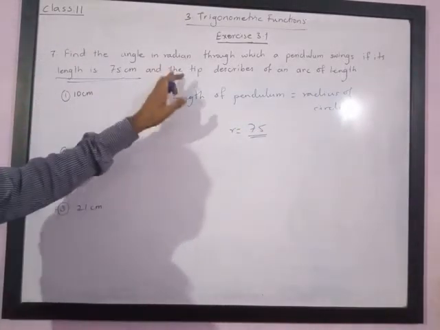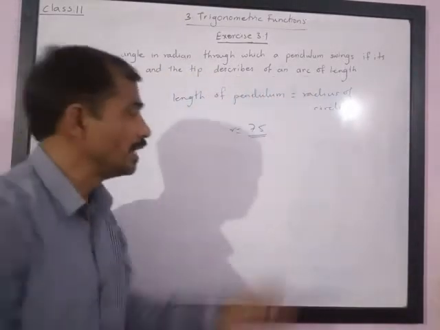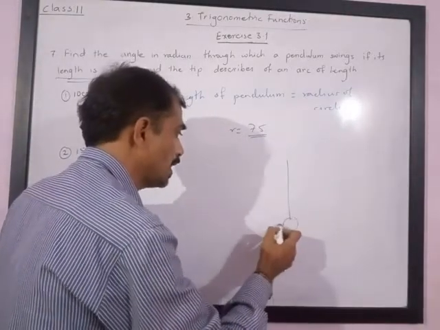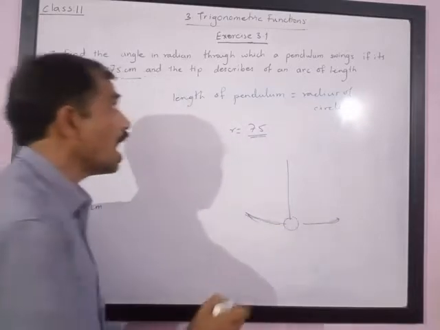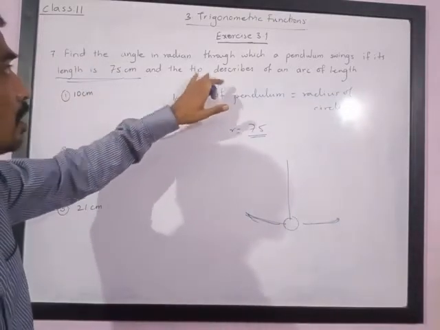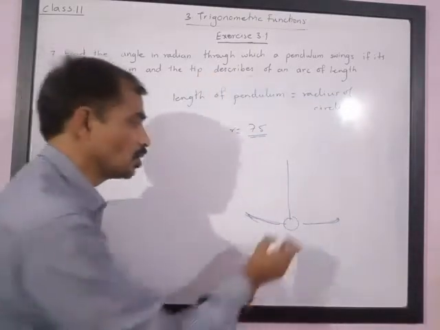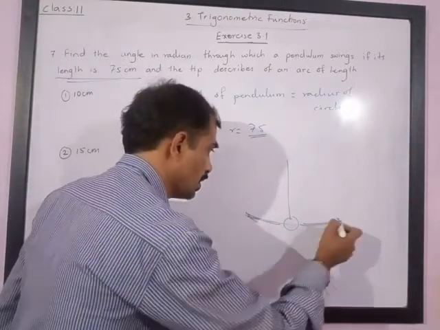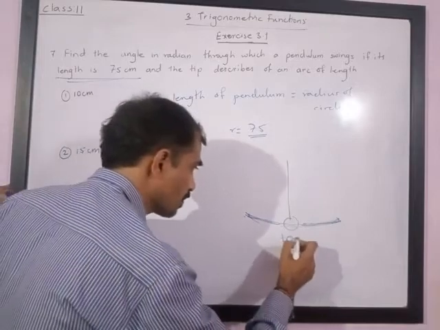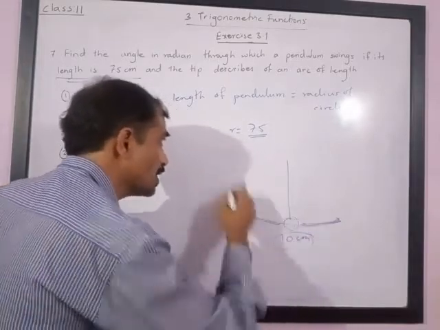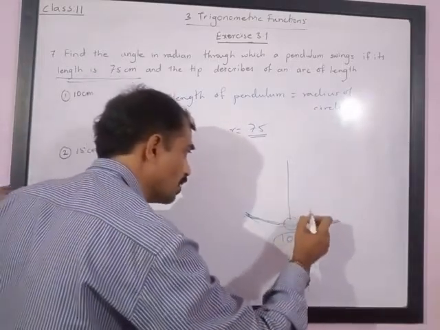Now the tip describes the arc of the length. So if this is a pendulum and the tip describes the arc, in the first question it moves 10 centimeters. Try to understand, if this were a complete circle, this part will be the length.